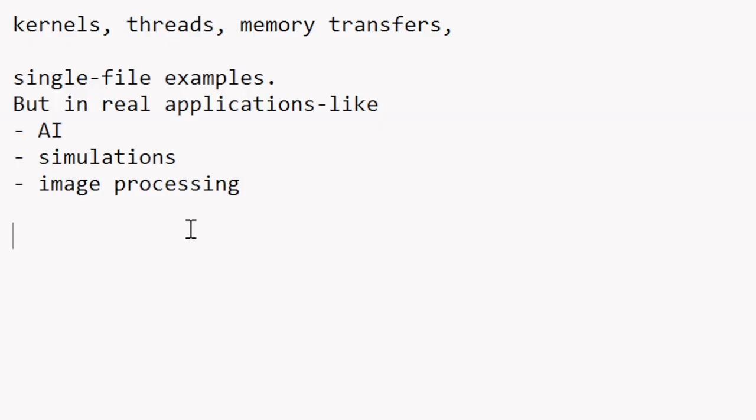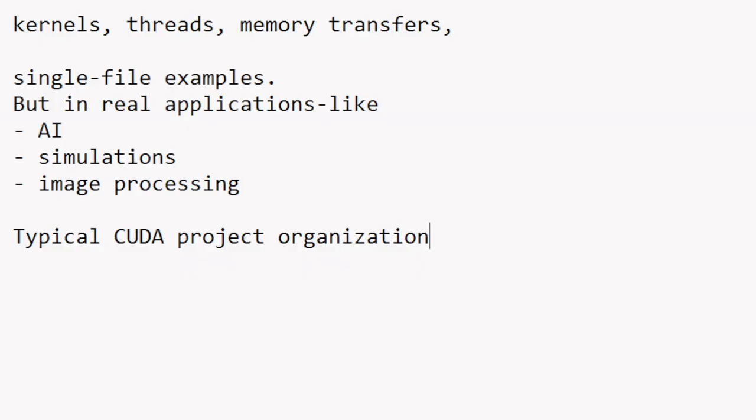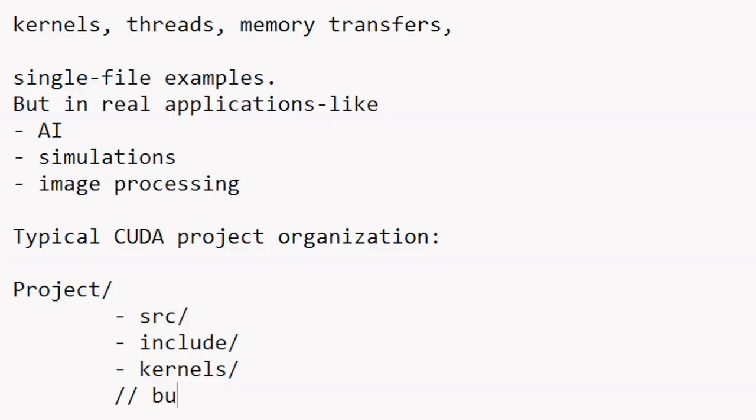A typical CUDA project is organized into different folders. We have the project name, and within the project you have a folder called source containing source files, an include folder, a kernels folder, and a build folder.